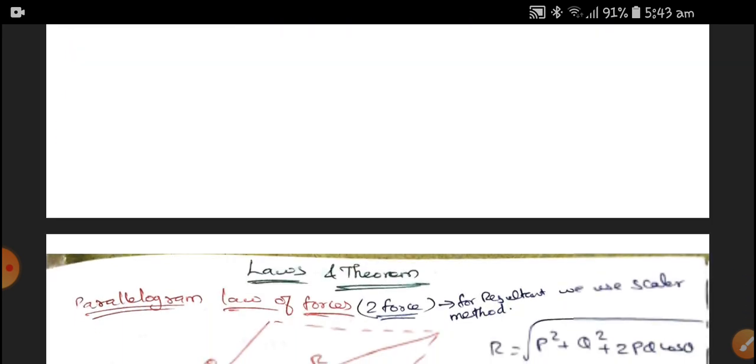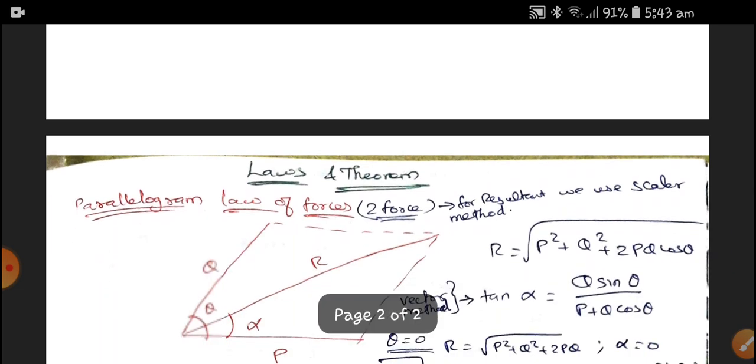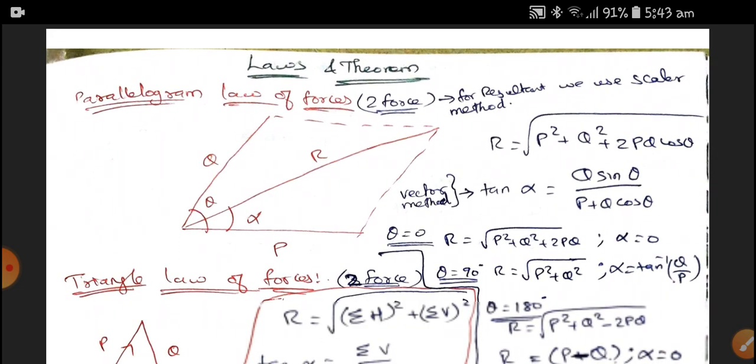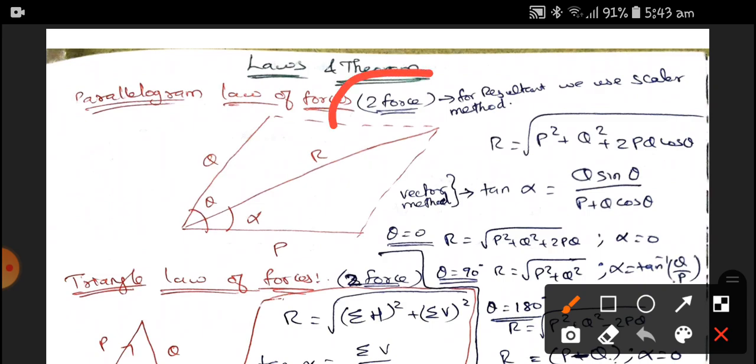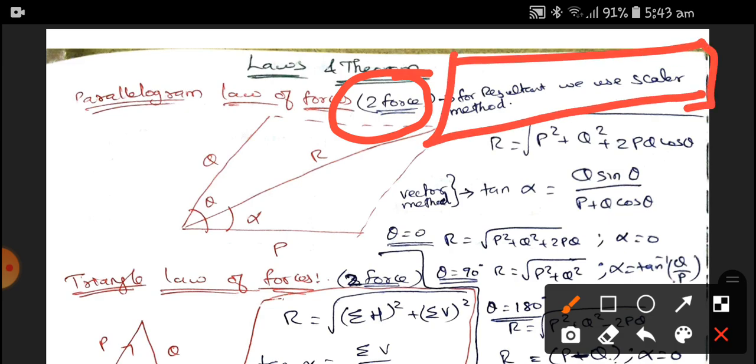First one is the parallelogram law of force. The parallelogram law of force is for the two-force system, and the resultant is found using the scalar method.